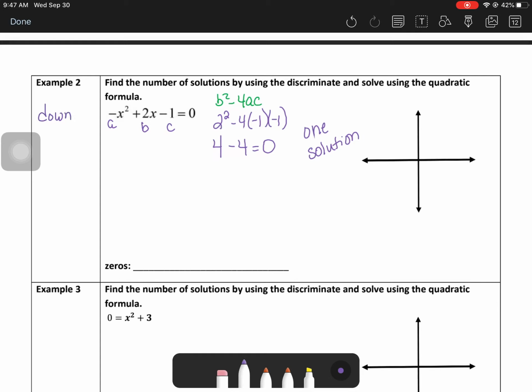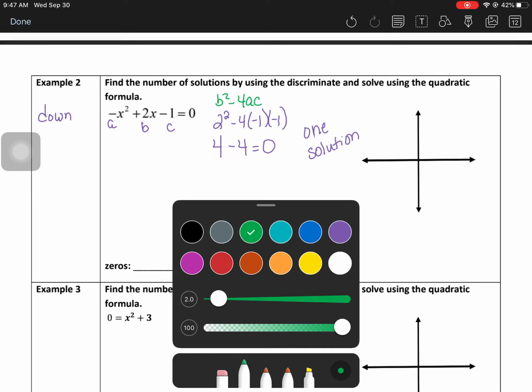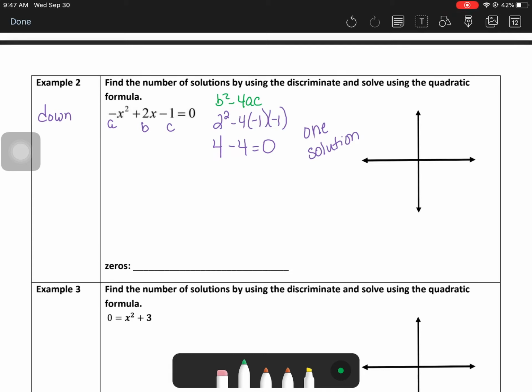So let's finish the quadratic formula. X equals -b, so that's going to be -2 plus or minus the square root of 0 all over 2 times a is -1, so that's going to be -2. 0 plus or minus 0, so we have -2 over 2, which is 1.